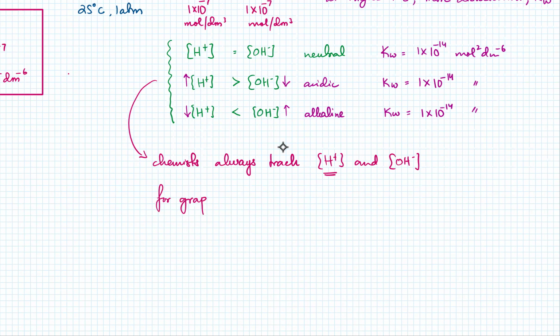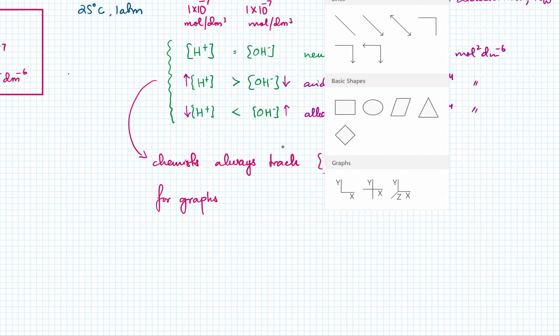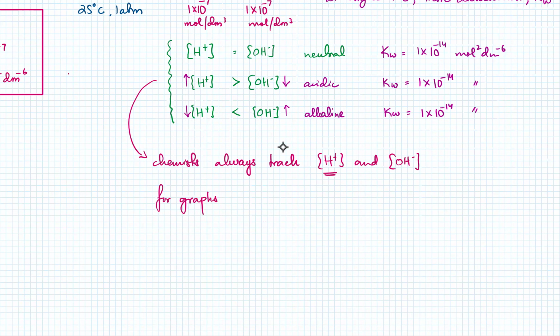For graphs, remember this. Whenever you try to make a graph, you always have a problem with range. It's very hard to figure out what the range is. So, for example, the concentration of H ions in the soil could be 0.1 mole per dm cube, very acidic. Or if you neutralize the acidic soil, it might become very low.